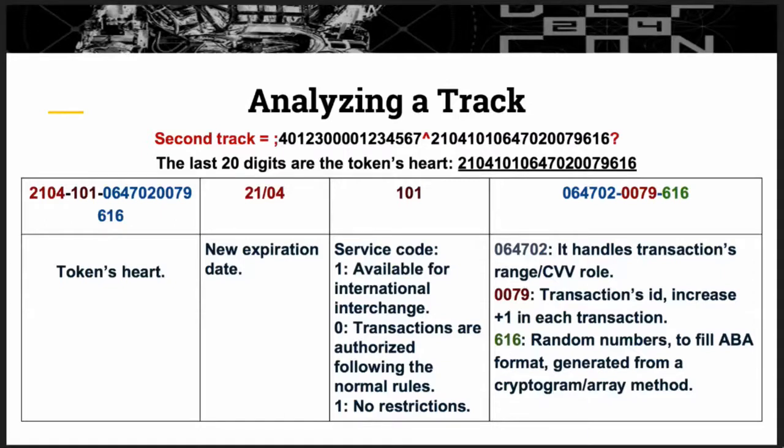Samsung Pay is going to replace this value so you don't have the necessity to have a physical card with you to make a payment. The last counter is a transaction range, which plays the CVV role. The next counter is a transaction ID, which mainly increases by 1 every time you use Samsung Pay. And the last 3 digits are random numbers to fill the American Bankers Association format, or track 2 in this case.